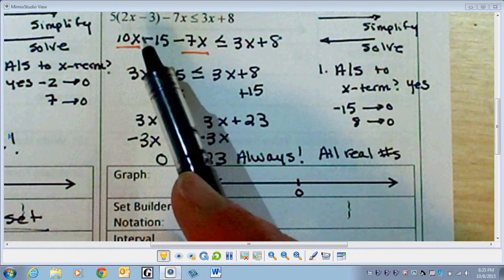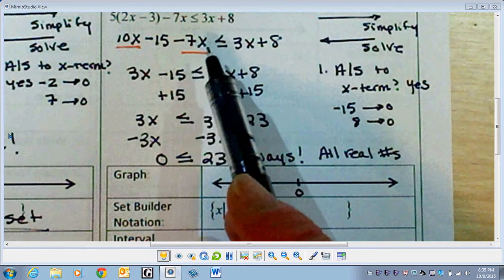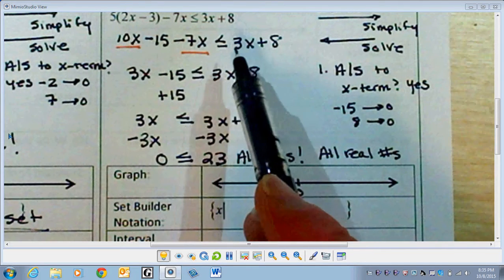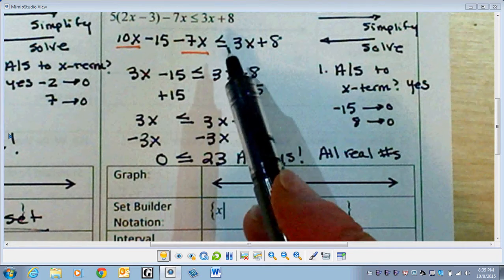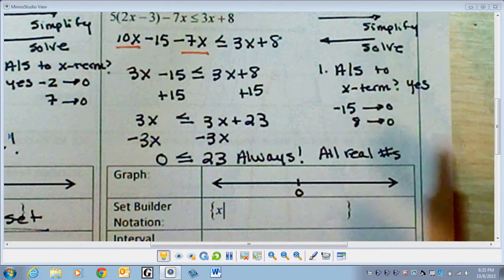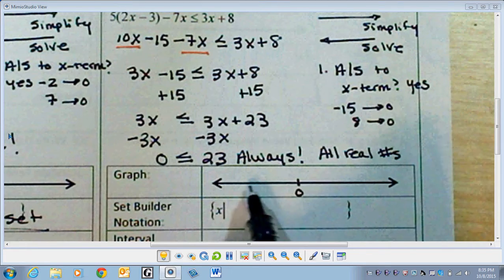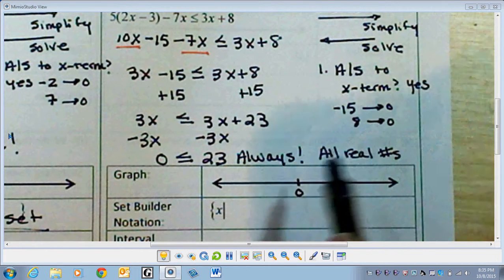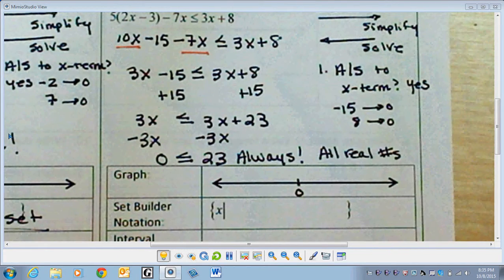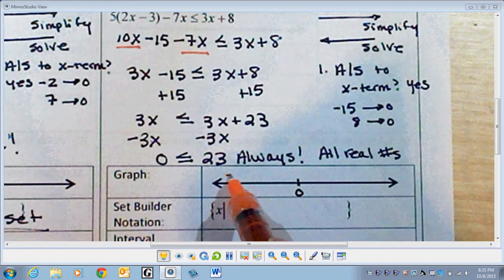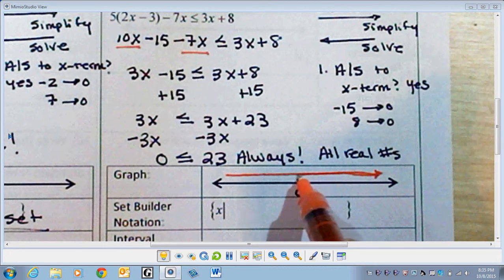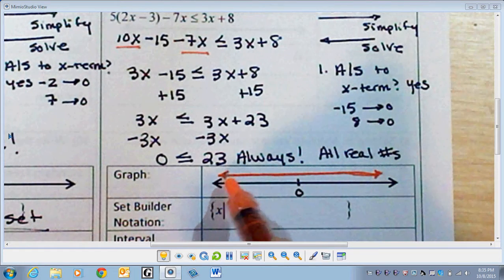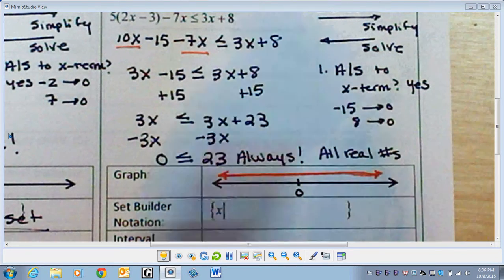This 10x would become 0. This negative 7x would become 0. And this 3x would become 0. Which would mean negative 15 is less than or equal to 8. Well, that's true. I can pick any number I want, and that would be true. So in order to say all real numbers on my number line, I am just going to draw a line over my number line. That means everything.